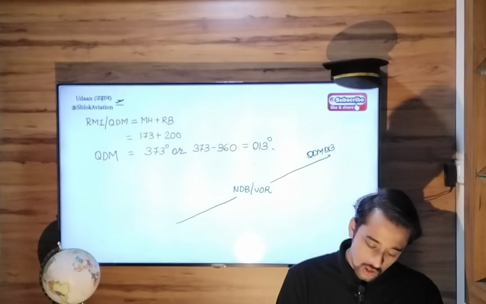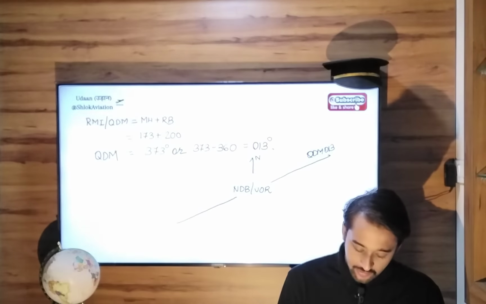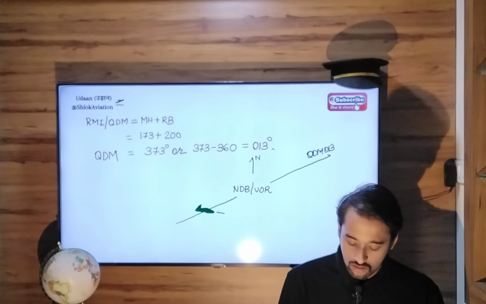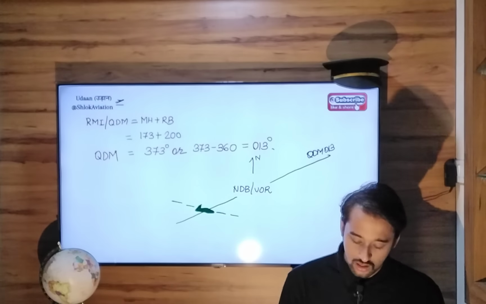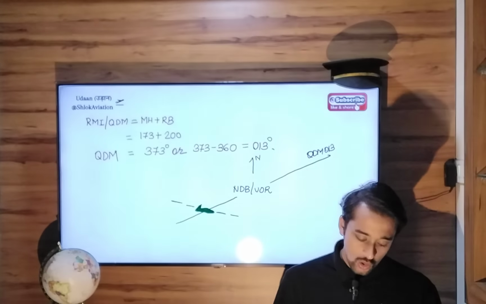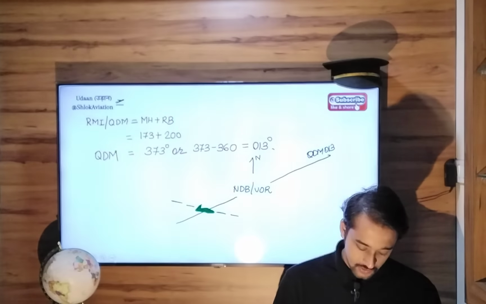So let's say this is your north datum. So 173 will be pointing somewhere in that direction. And relative bearing is 200.